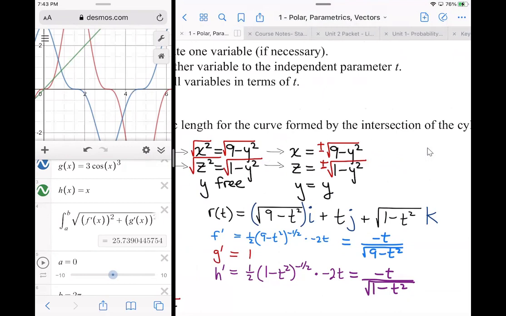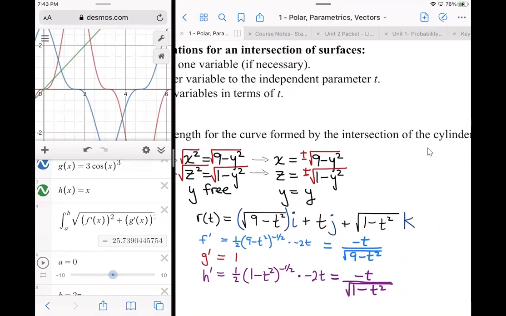Well, it's got to be in terms of these circular values, and based on the fact that one of them is 9 minus t squared and the other is 1 minus t squared, is it circular? Is it elliptical? That's kind of beyond the point. We just need a domain for my vector valued function that's going to make sense for all components of that vector valued function.